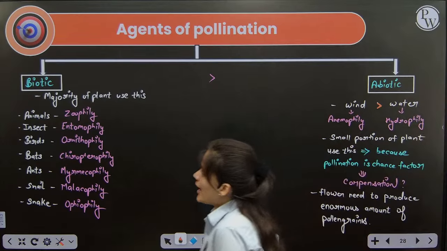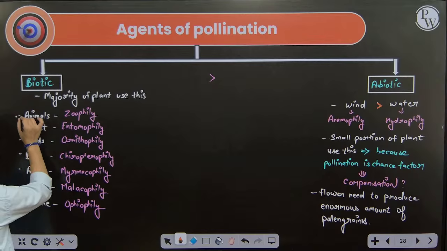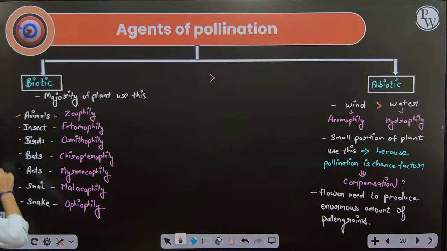If an animal is used as a biotic agent, it is known as zoophily. If an insect is used, it is known as entomophily. If a bird is used, that is known as ornithophily. If bats are used for pollination, that is known as chiropterophily. If ants are used, that condition is known as myrmecophily.